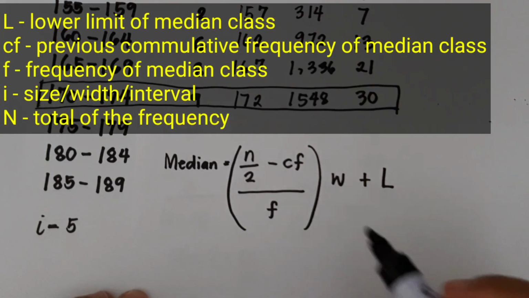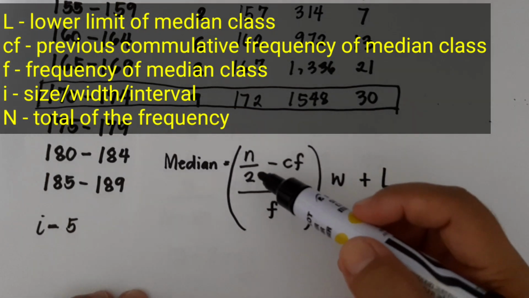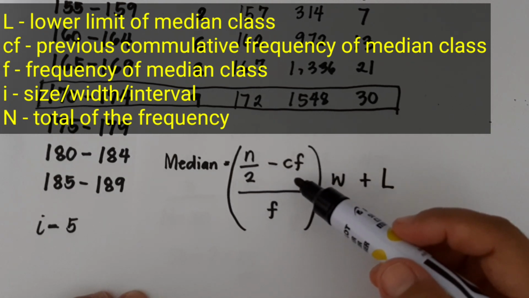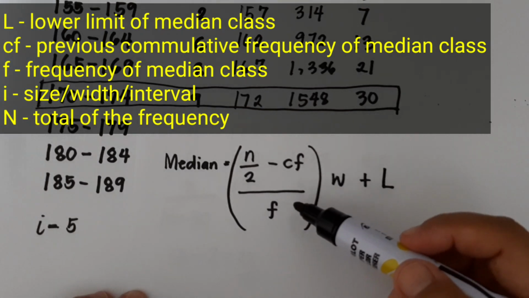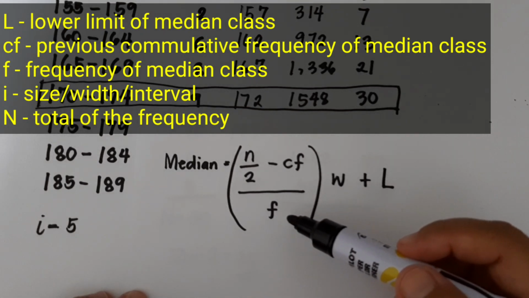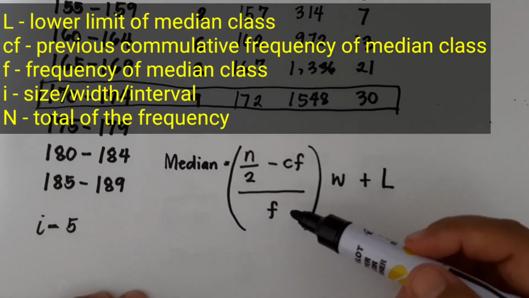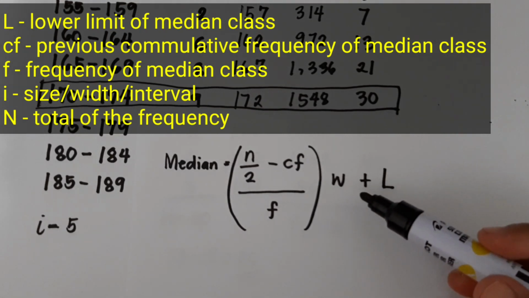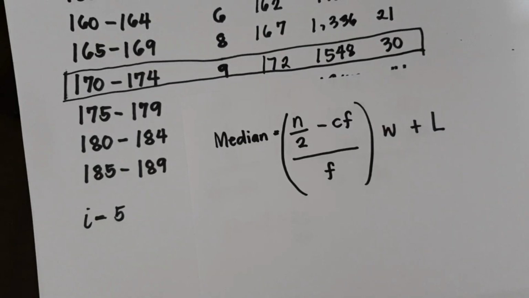Now, yung n dito ay the total number of the frequency, or the summation of the frequency, and then CF is the cumulative frequency of class preceding the median class, and then F is equal to the frequency of the median class, and then times the width. The width is the interval plus the lower limit of median class. So let us now identify all the values.